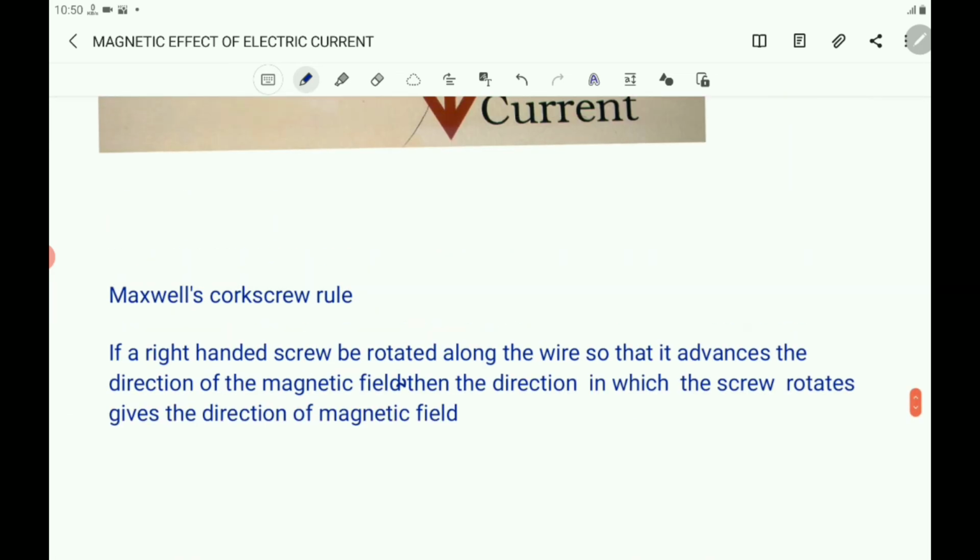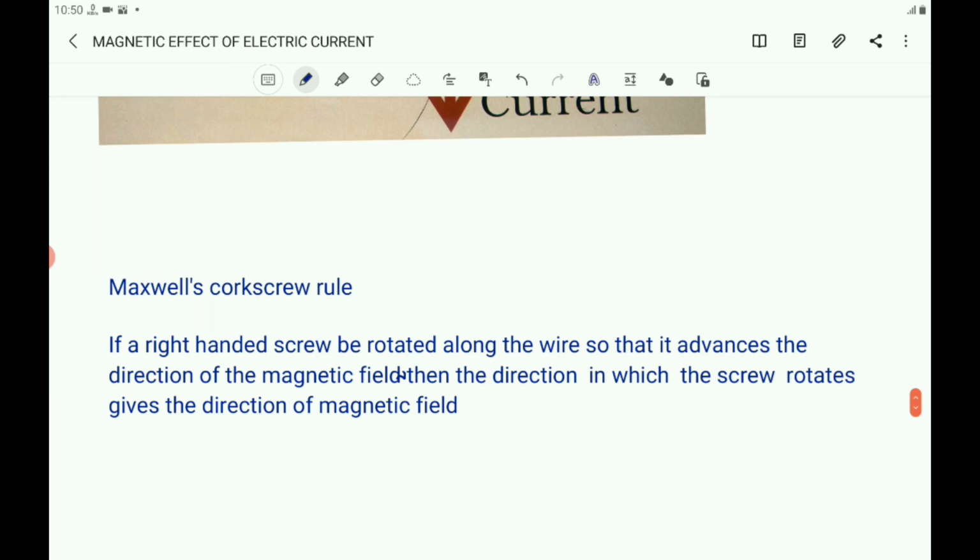So you write this statement here. Imagine if a right-handed screw is rotated along the wire so that it advances in the direction of the current, then the direction in which the screw rotates gives the direction of the magnetic field.